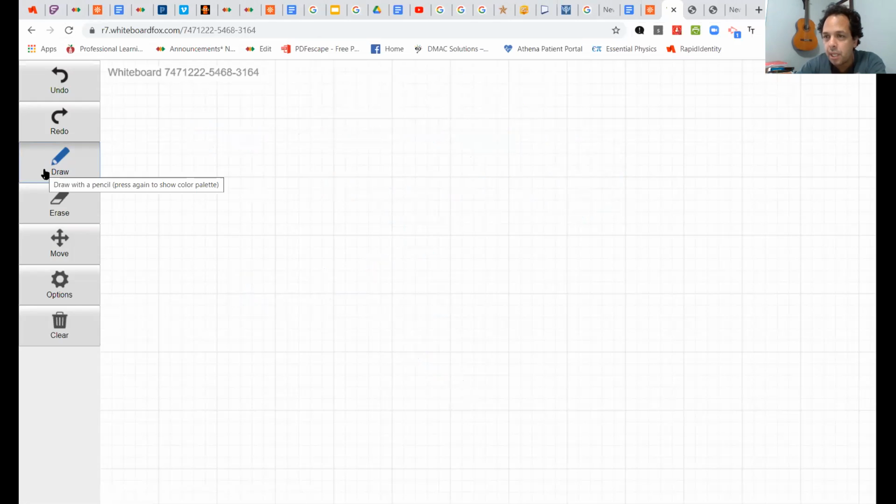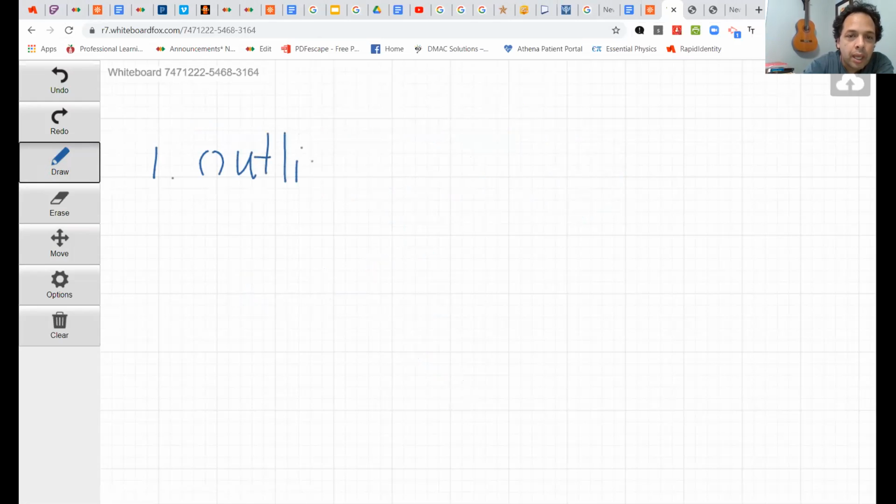These are the steps to drawing a free body diagram. Step number 1 is to draw the outline. And usually in physics, you could just draw a box. So here's step 1. That's our elevator shaft.